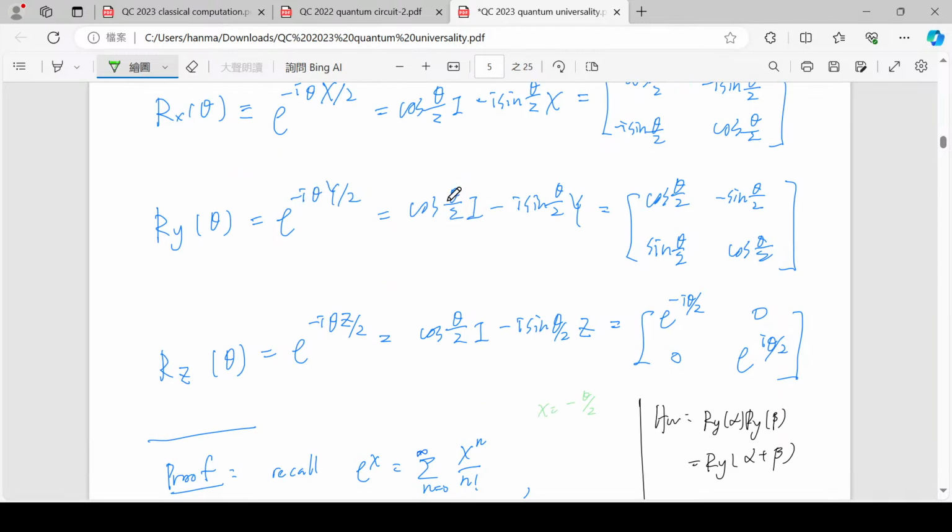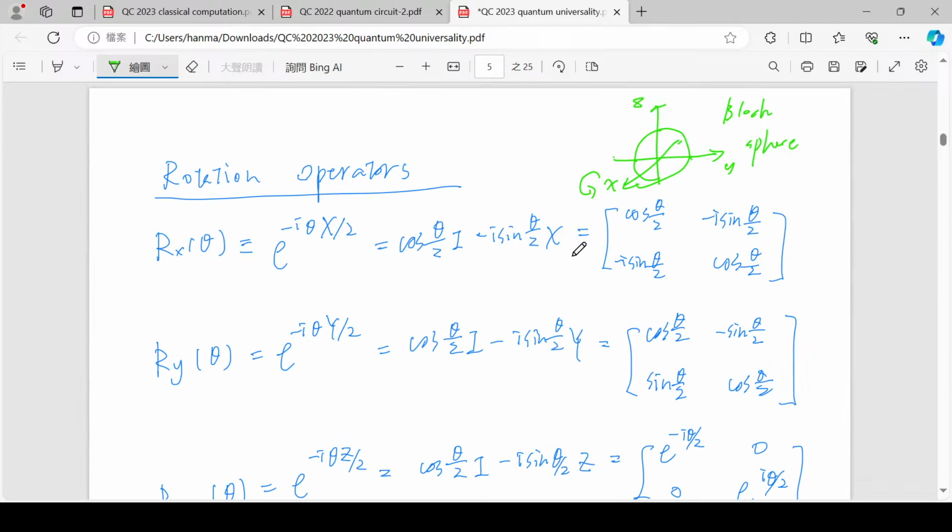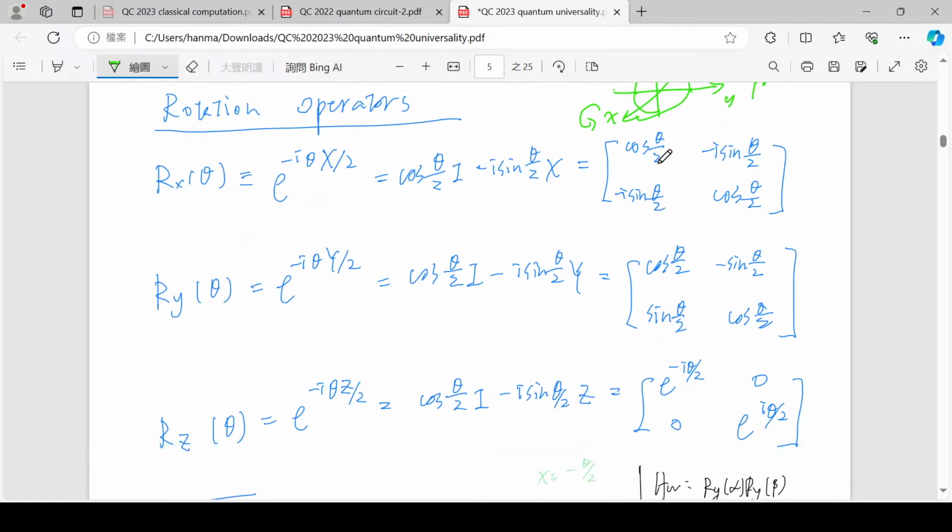So cosine of minus theta over 2 equals cosine theta over 2, and you have sine of minus theta over 2 equals minus sine theta over 2, etc. So those are pretty cool. Those are rotation operators, and by this form you can write them all really easily. So the diagonal is cosine theta over 2.